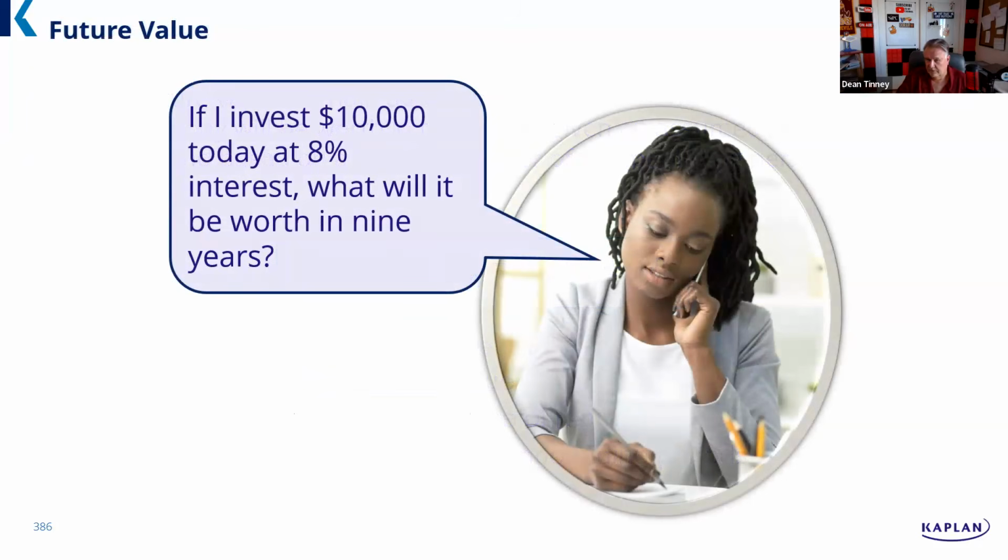Again, if we're conservative, we'll pick a lower number. And if we're aggressive, we'll pick a higher number. And then what we're solving for is what will that be worth in the next number of years? And by the way, the term itself kind of gives it away. Future value, right? So we're going from the present value to the future value.